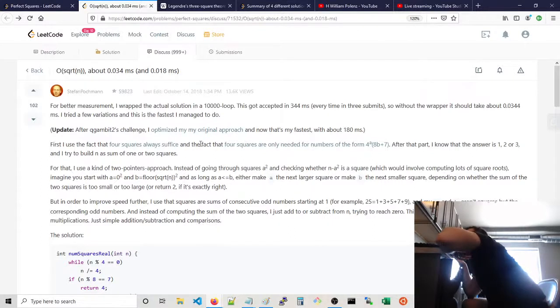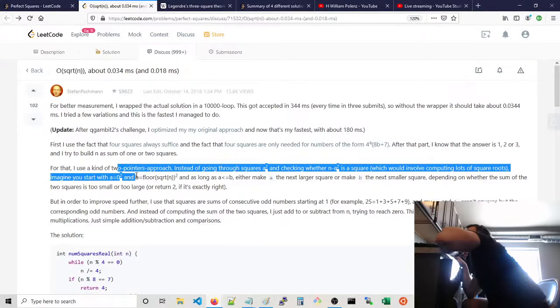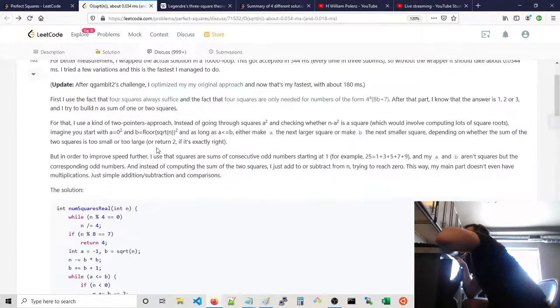Kind of two pointers approach. Instead of going through squares a squared and checking whether n minus a squared is a square, which would involve computing lots of square roots, imagine you start with a equals 0 squared and b equals the floor of the square root of n squared.